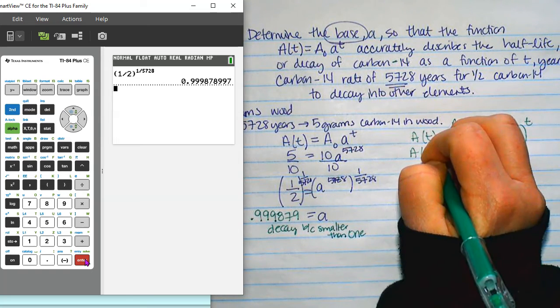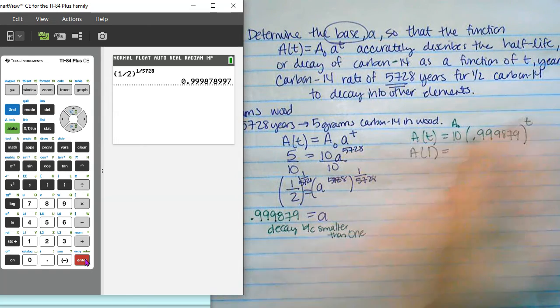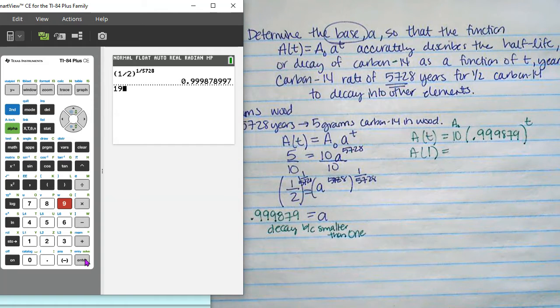In the first year, you'd have, let's do it on the calculator, 10 times, then we're going to take this amount right here. 10 times, arrow up, this amount to the first.